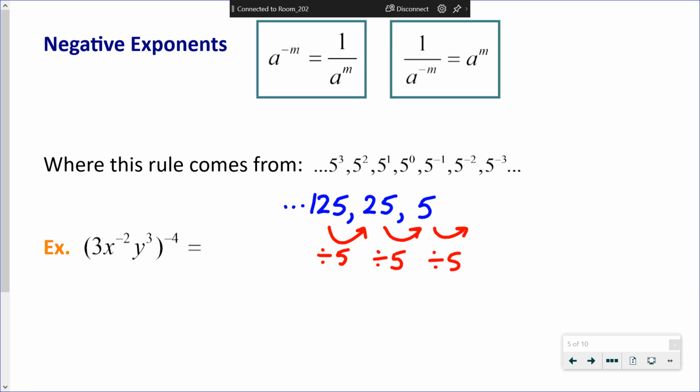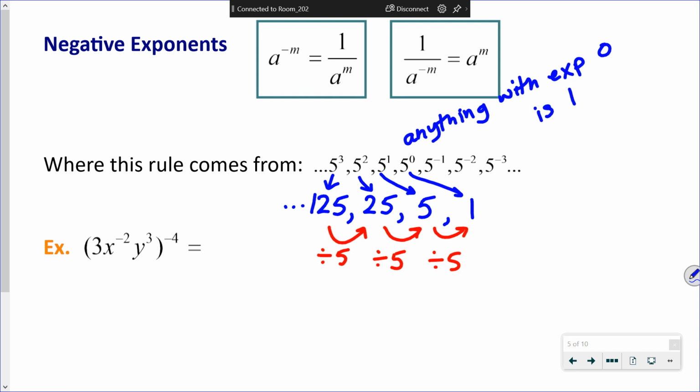And 5 divided by 5 is the number 1, which might surprise you, because if you're mapping this onto the list, we see that 5 to the 3rd power is 125, 5 to the 2nd power is 25, 5 to the 1st power is 5, and it turns out that 5 to the 0th power is 1. And it turns out that anything to the 0th power is 1. So it's a note that you should write for yourself. Anything with exponent 0 is 1.